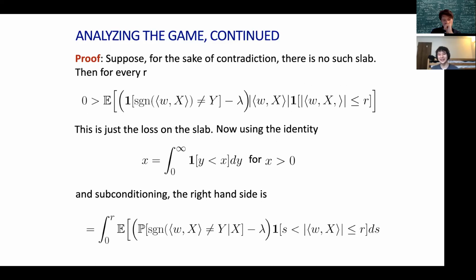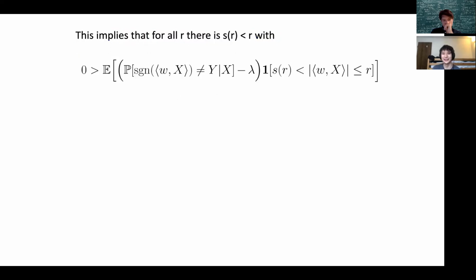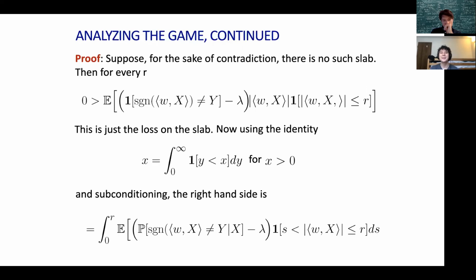Now we get this expression. Perhaps it is not yet very clear why this is useful, so let me rewrite this a couple of times. First of all, because I have an integral, if the integral is negative, I obviously know that there's some place where the integrand is negative. So first I'll do that.